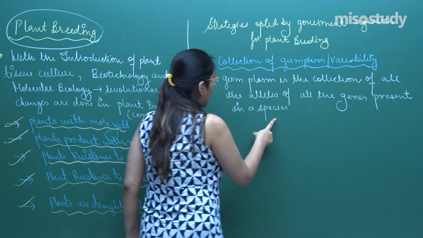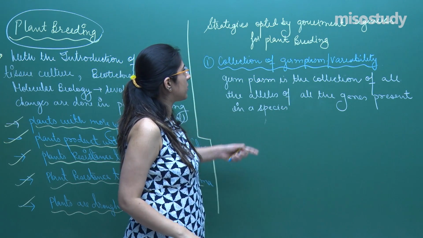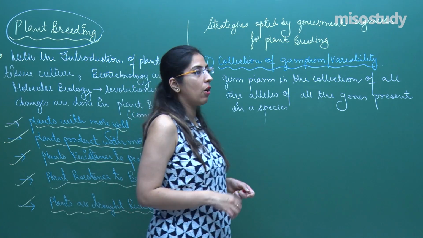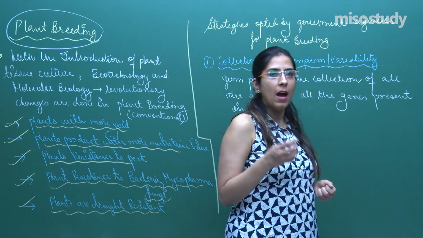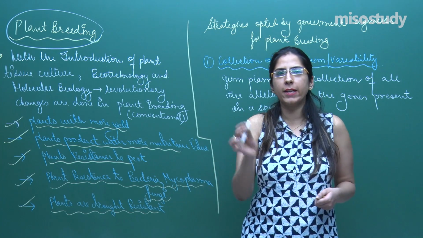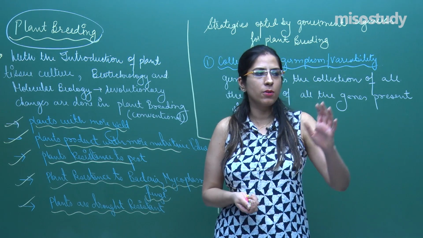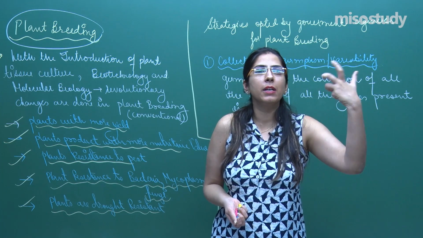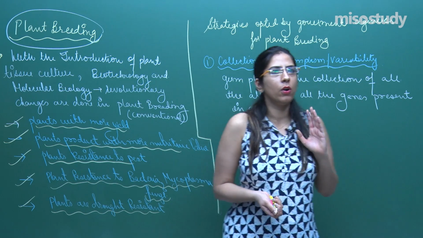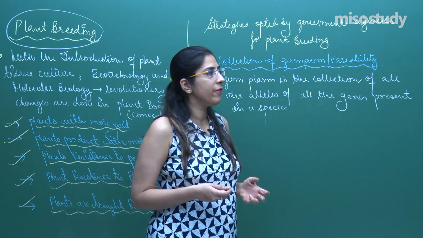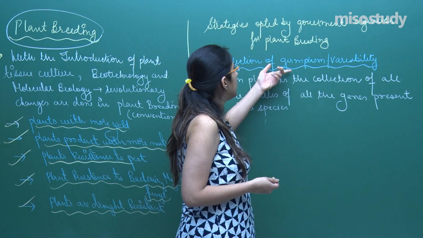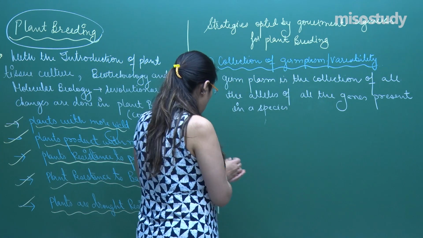So I am having all these which are present in a species. I have collected all those alleles, all those genes. Now I am having all those alternating forms. I am having those forms also that provide resistance. I am having those forms also that give a proper yield. So I am having all those kinds of things. Now let's talk about the different collections that I will be doing when the first prerequisite is done. Let's talk about those.